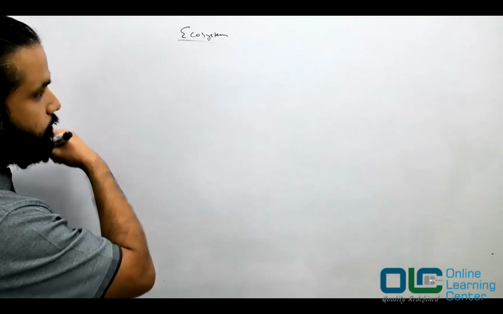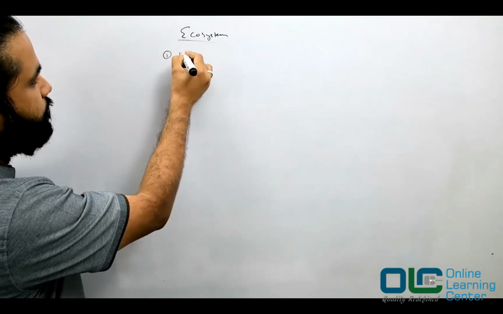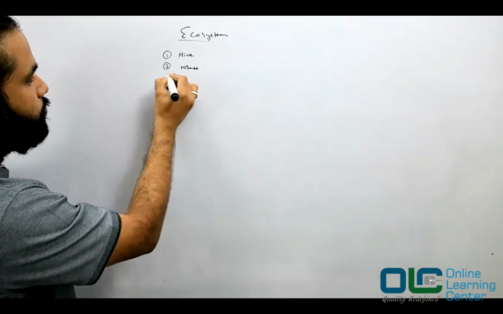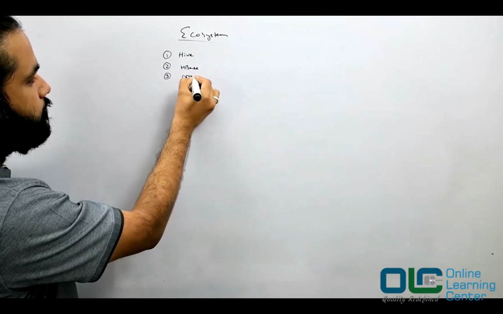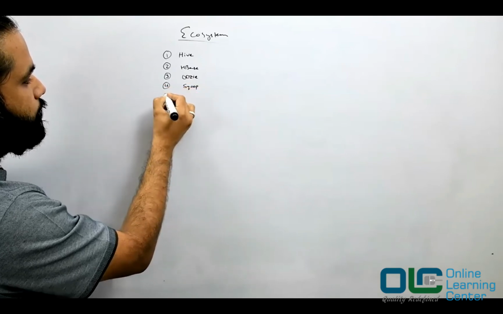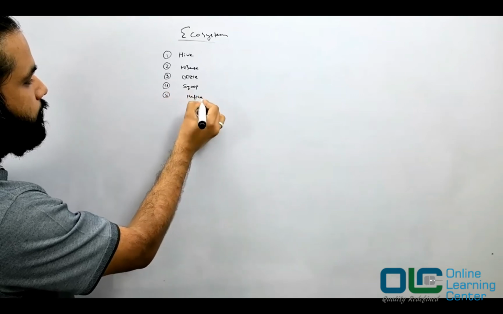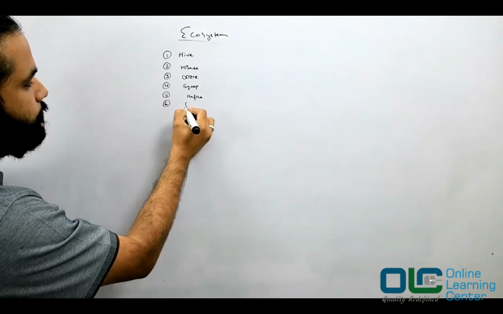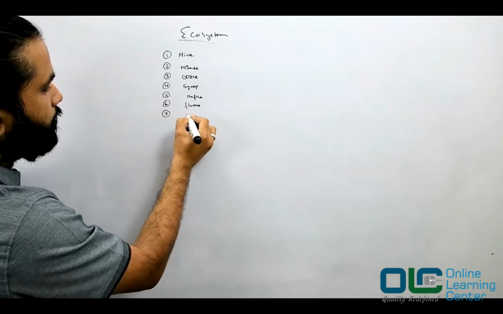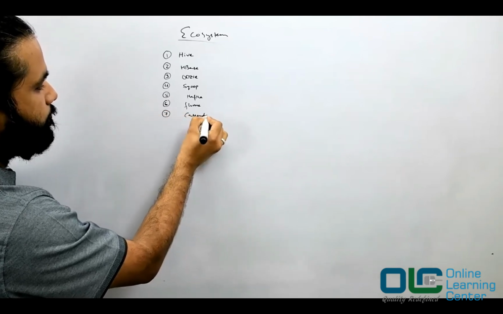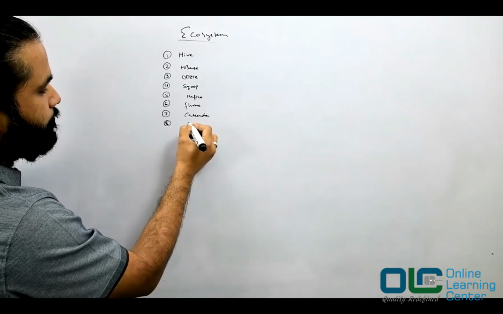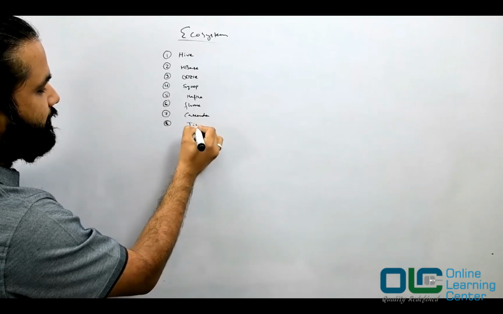Some of the ecosystem components you can see are Hive, HBase, Oozie, Sqoop, Kafka, Flume, Cassandra, and many more, like Tika.